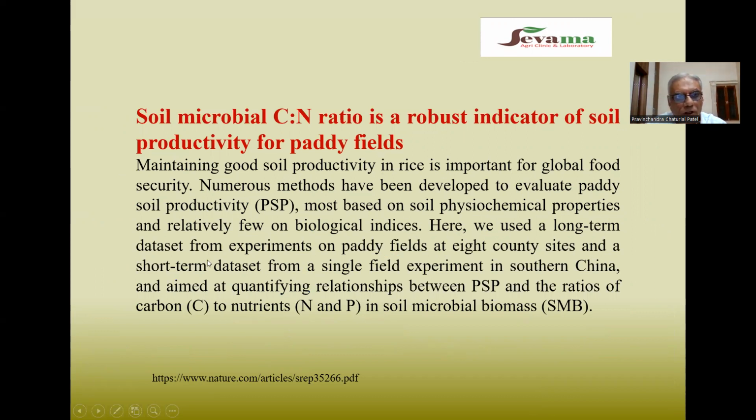Here we use a long-term data set from experiments on paddy fields at 8 country sites and a short-term data set from a single field experiment in southern China, and aim at quantifying the relationship between paddy soil productivity and the ratio of carbon to nutrient and N/P in soil microbial biomass.